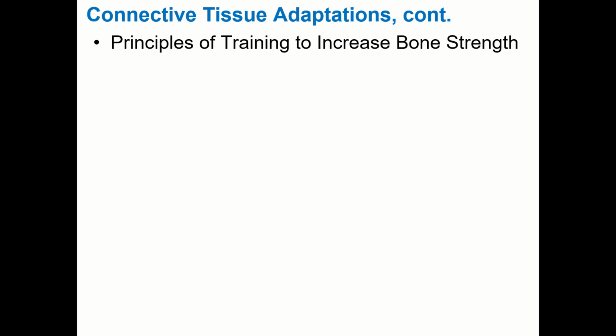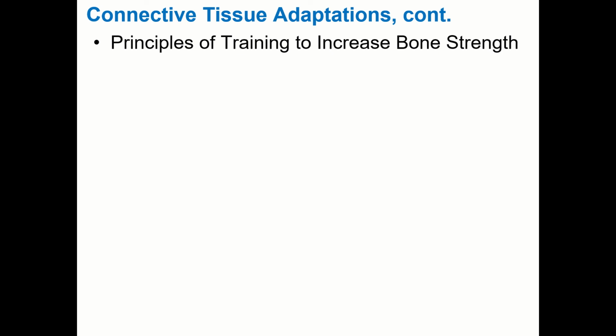But some key things if you're going to train to increase bone strength, and where you might see this, of course, is in elderly populations. Or even somebody before they reach advanced age, if you're trying to prevent osteoporosis.